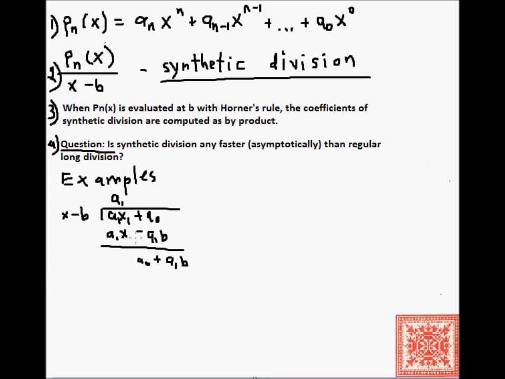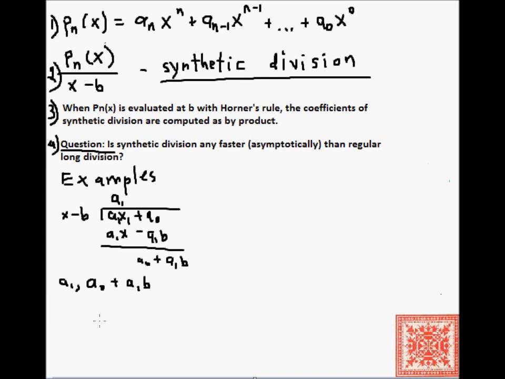So the result will be a1 plus (a0 plus a1b) over x minus b. So the sequence of coefficients to represent the result of this long division is a1 and then a0 plus a1b.